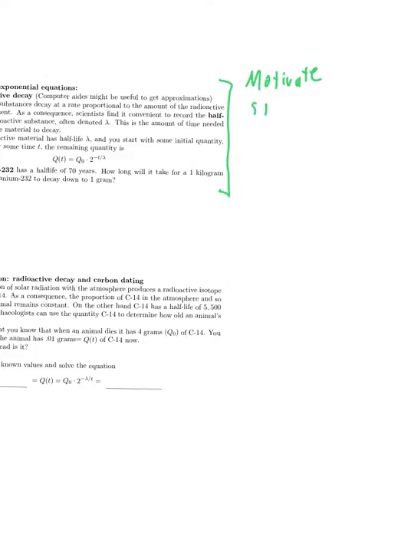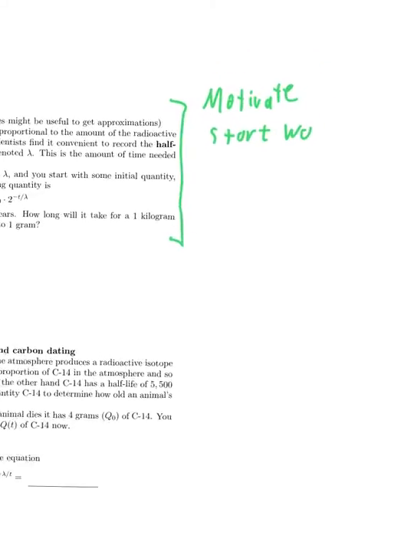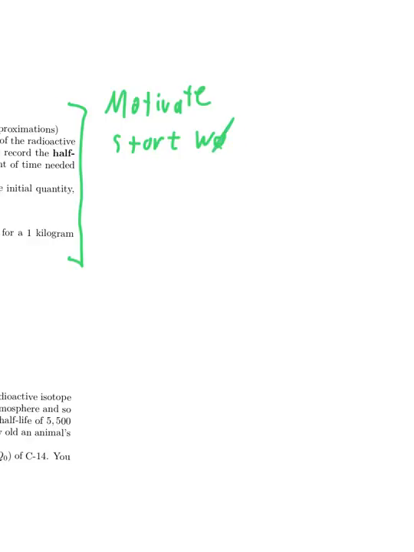So let's suppose you start with some initial quantity, q0, and you know that the half-life is given by lambda. Then that means every time lambda time passes, the amount present will be divided by 2.